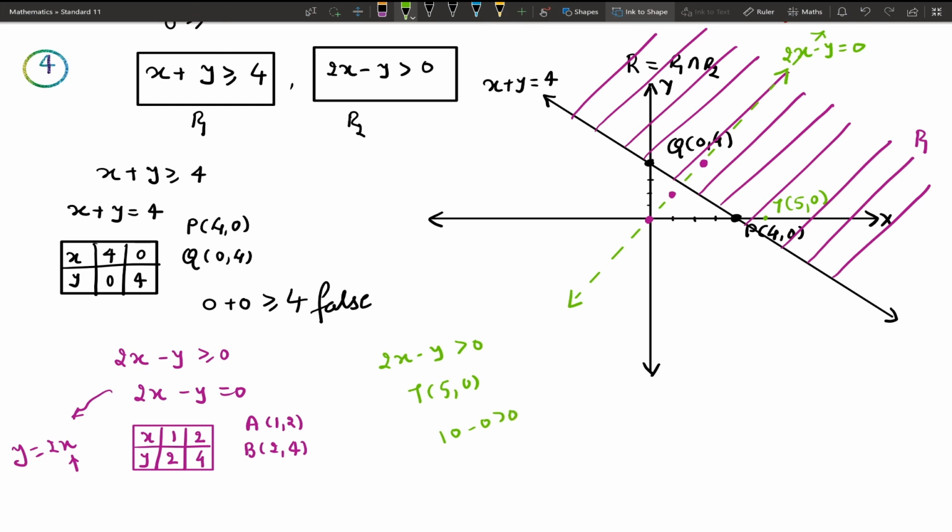So this point T (5, 0) satisfies the inequality. That means the open half plane containing T (5, 0) will be the solution portion.